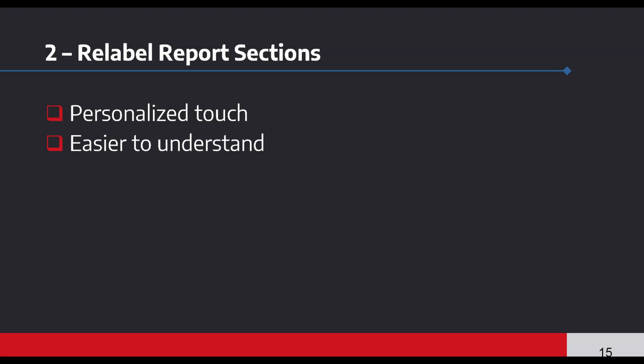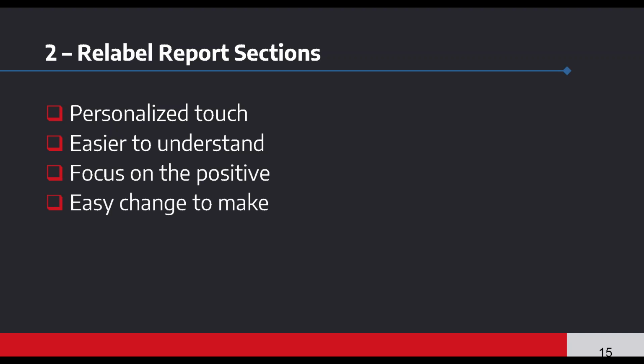If, for example, you like the word observations as opposed to findings, or you like the words inspection methods and limitations over limitations, go ahead and make that change. And the reality is, if you focus on the positive, clients are going to be more appreciative. It's a simple change to make.